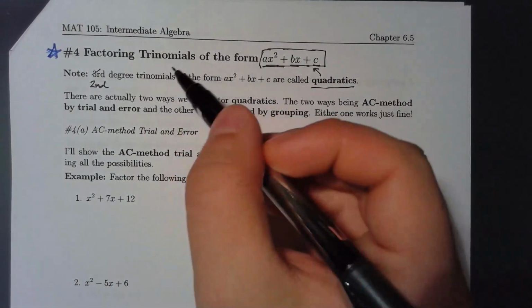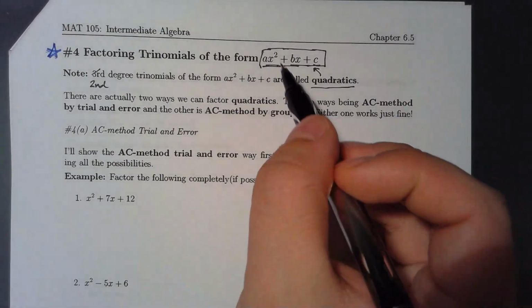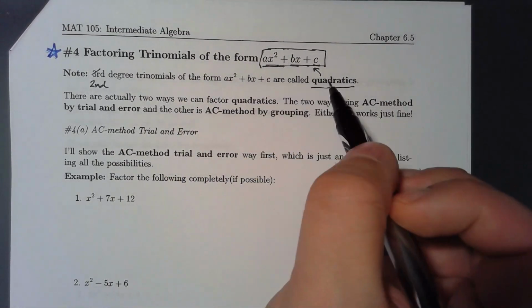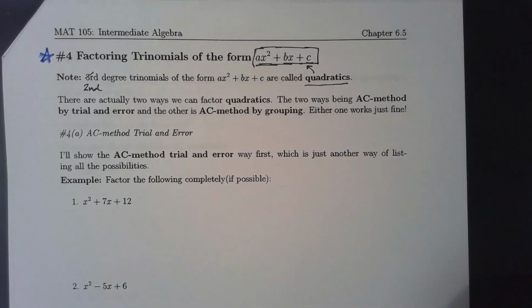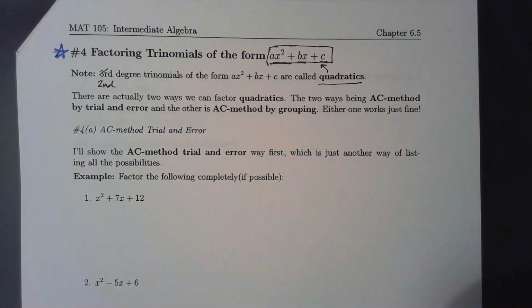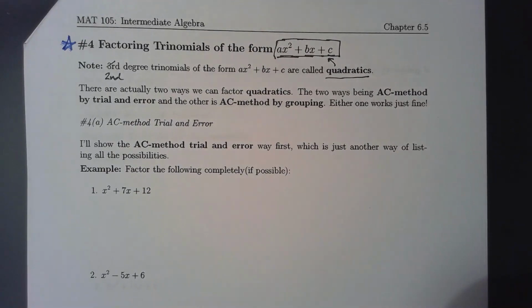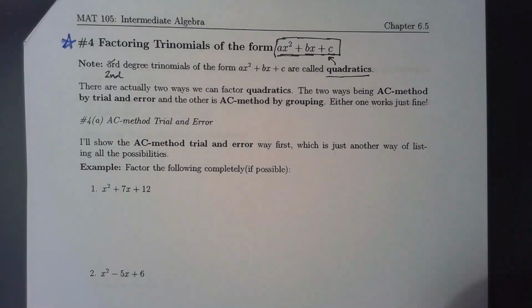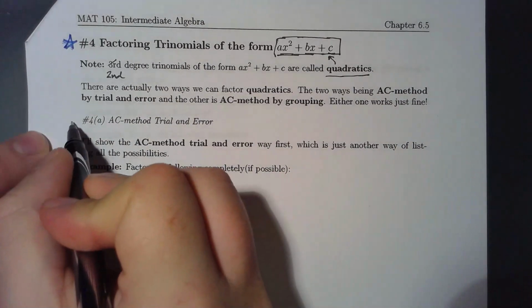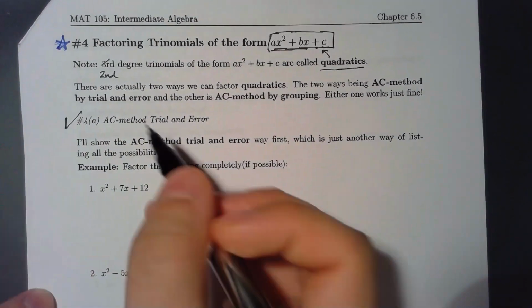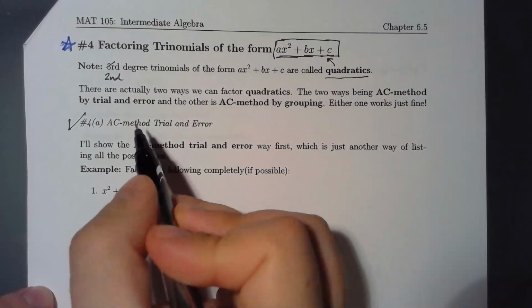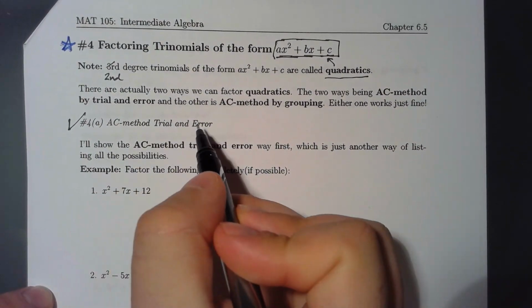I can make a trinomial. I could write 3 terms, but they have to take this specific form to be called a quadratic. So, we can factor quadratics 2 ways. Here's one way. We could use the AC method of trial and error.